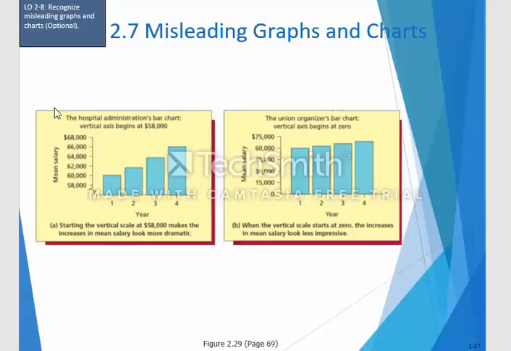For instance, for this hospital administration, if you expected the average salary to be 60,000 and you didn't expect it to go up from 60,000 at all, this might be a good looking graph because it's showing that actually, wow, it is moving up from 60,000 year over year.